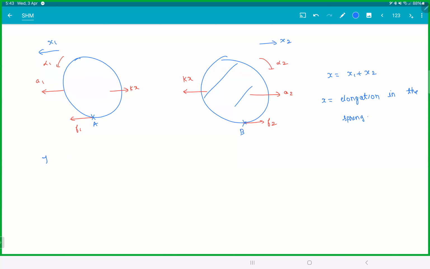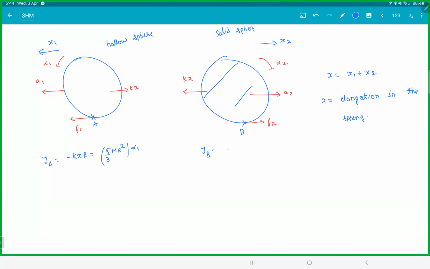So here, if you take torque about A, then minus kx into r is equal to, this is hollow sphere, 2 by 3 mr square, plus mr square by the parallel axis theorem, so 5 by 3 mr square, alpha 1.